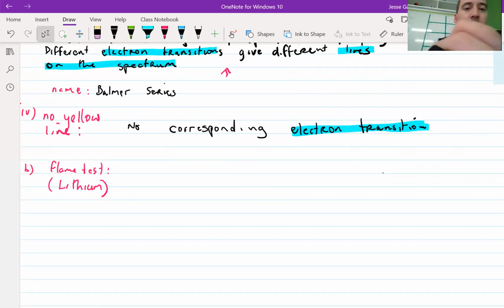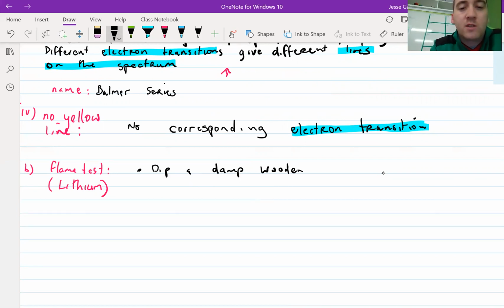Okay, so when I'm describing a procedure, I like to use bullet points. It just keeps it nice and snappy and accurate. So the first thing I want to do is dip a damp wooden splint. That's what we use in our school. You might use something else in your school, but we use wooden splints.